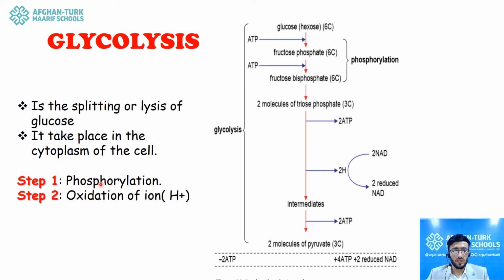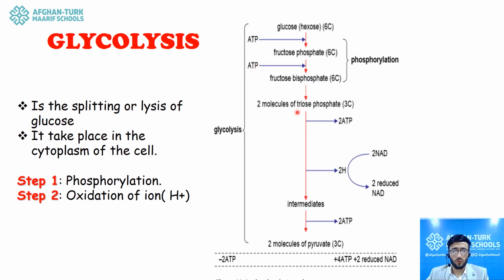First, we should understand phosphorylation, which happens inside glycolysis. It means glucose is converted into other sugars, for example fructose phosphate, fructose biphosphate, then it is split into 2 molecules of triose. And here, as you see, to carry out the phosphorylation, 2 ATPs need to be added to this reaction.